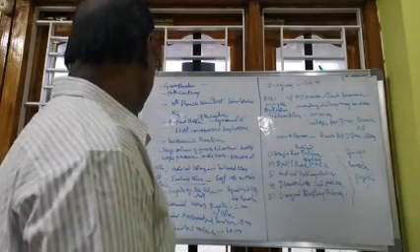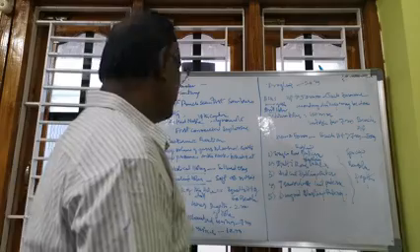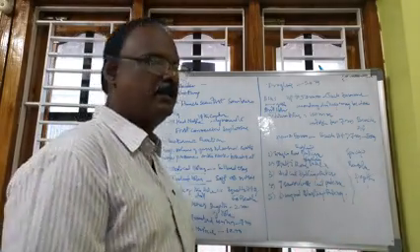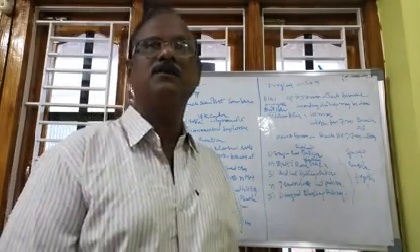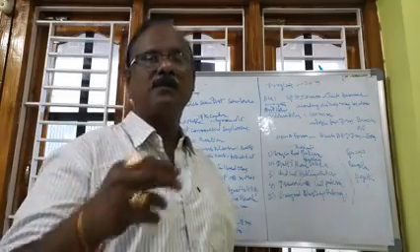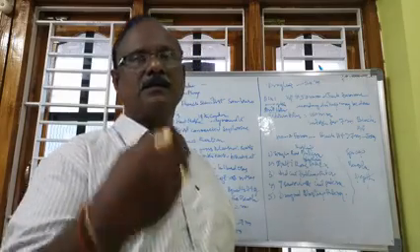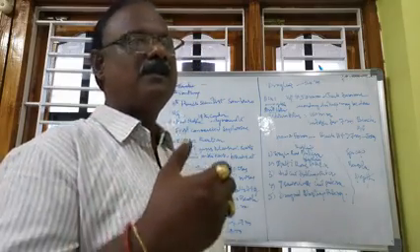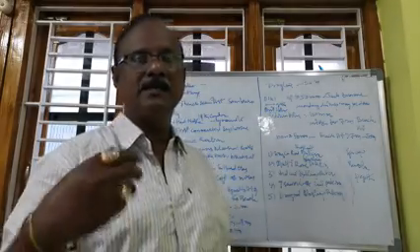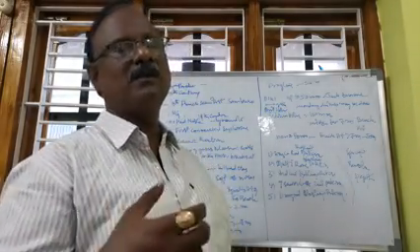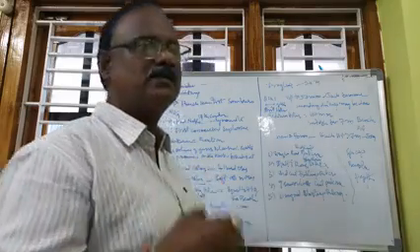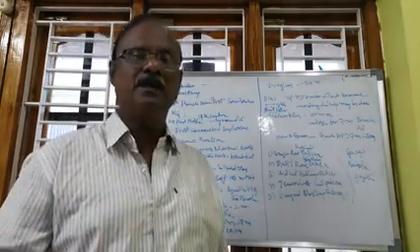Before that, consider the chemical reaction where the explosion takes place. There are two types of chemical reactions: endothermic and exothermic. In an endothermic reaction, heat is taken in, not liberated. In an exothermic reaction, heat is liberated.